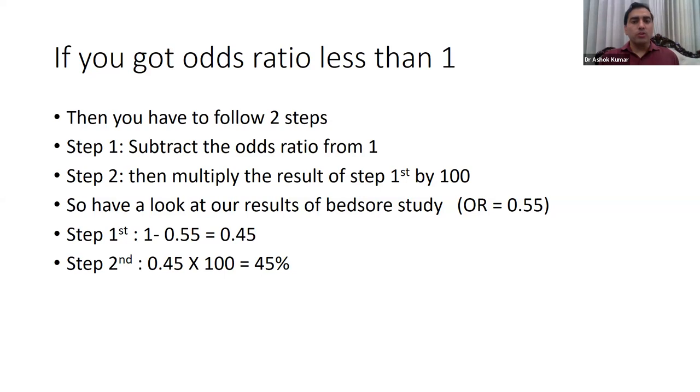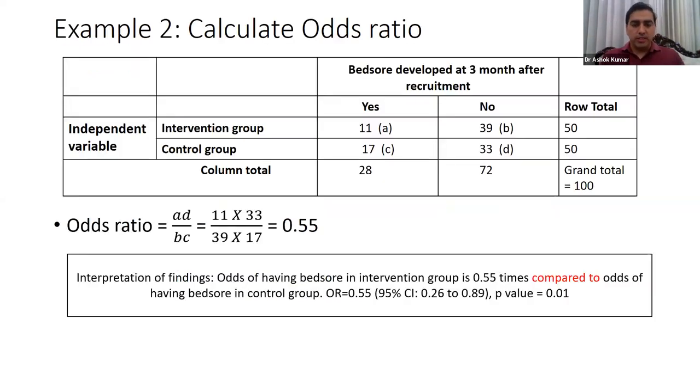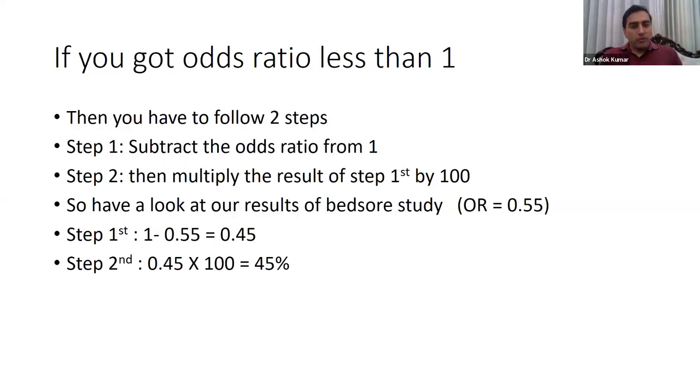If you get an odds ratio less than 1, like in this condition where we got 0.55, how can we interpret it? You have to follow 2 steps. Step 1: subtract the odds ratio from 1. Then step 2: multiply the result of step 1 by 100. Have a look at our bed sore result. The odds ratio is 0.55, which is less than 1.